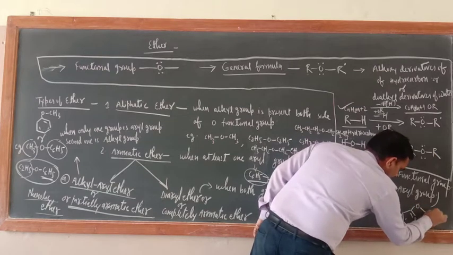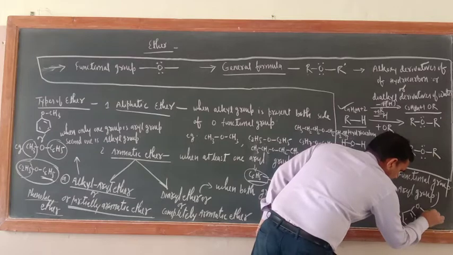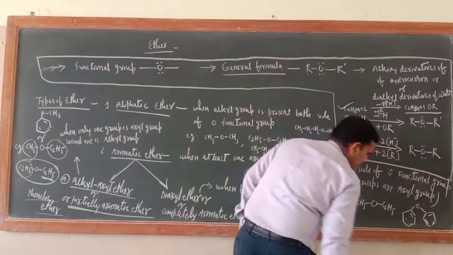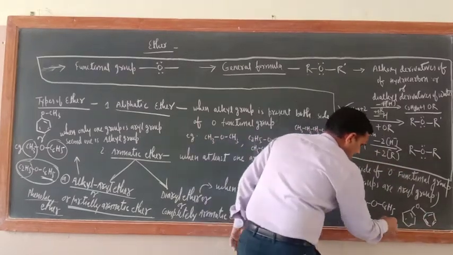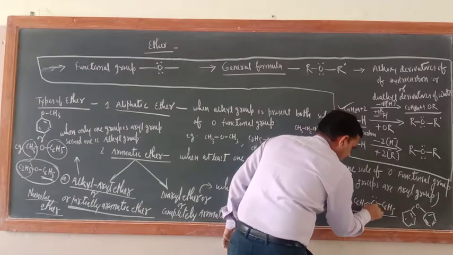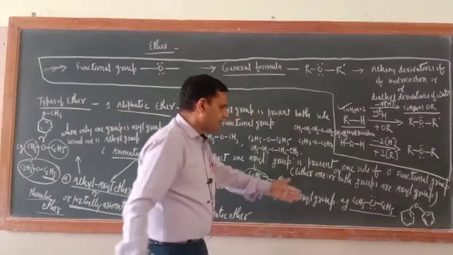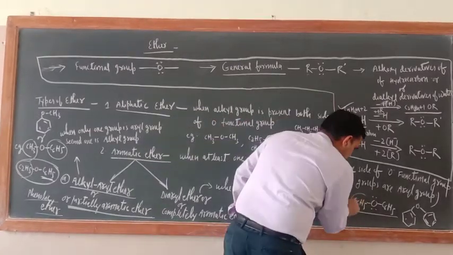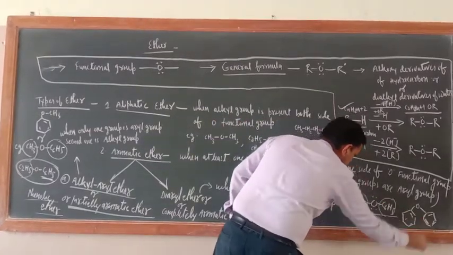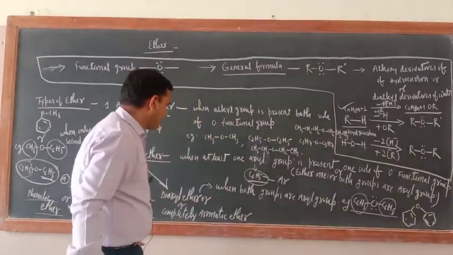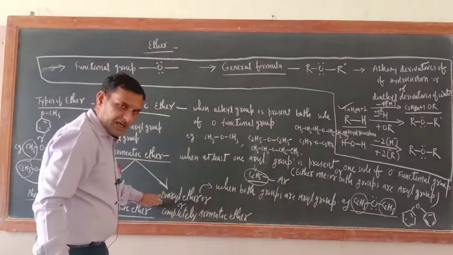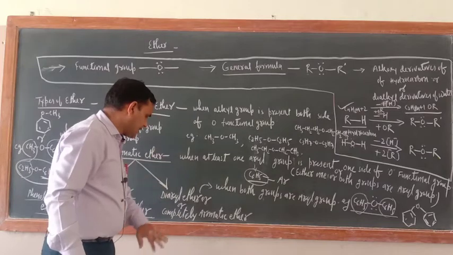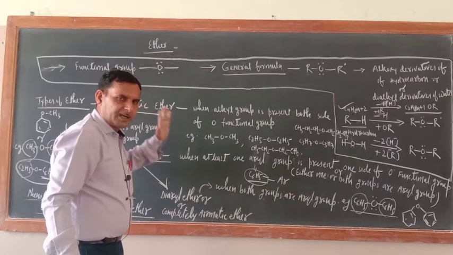Another one, this and this. Correct or not? So what is this one? C6H5, C6H5. Okay, that is diphenyl ether. Both side what is there? Aryl group is there or not? Benzene ring is there or not? Okay, so they are completely aromatic, and they are also known as diaryl ether or completely aromatic ether.